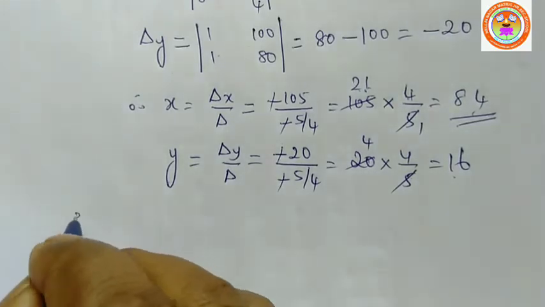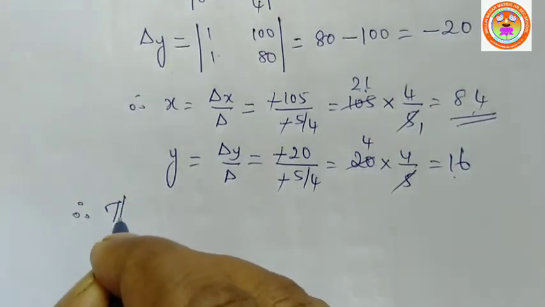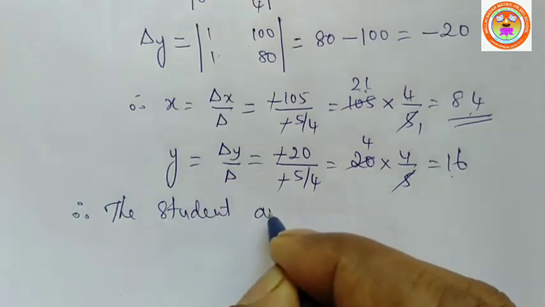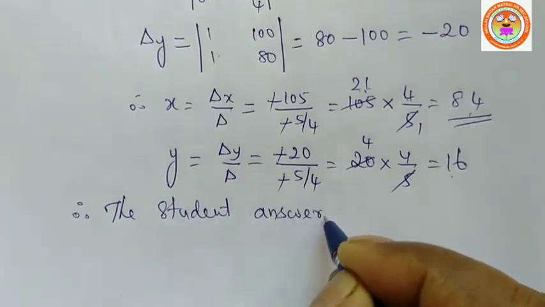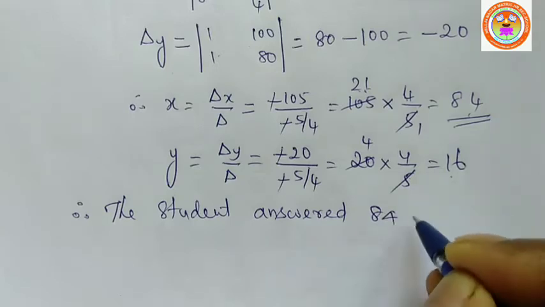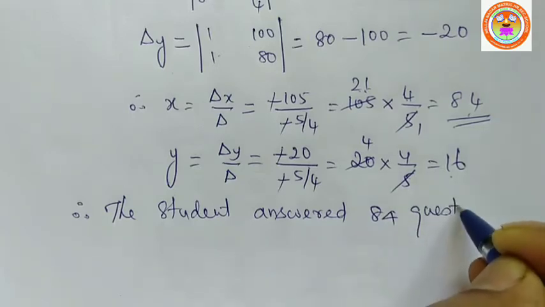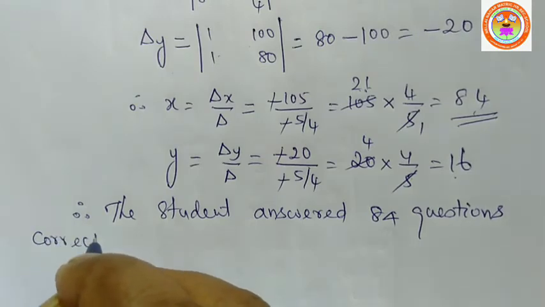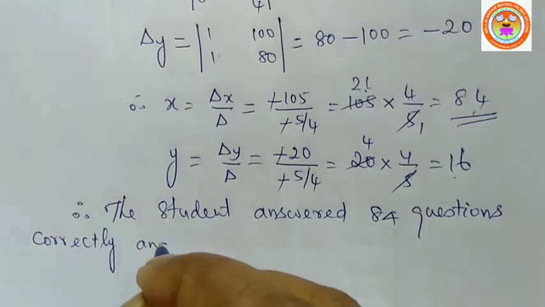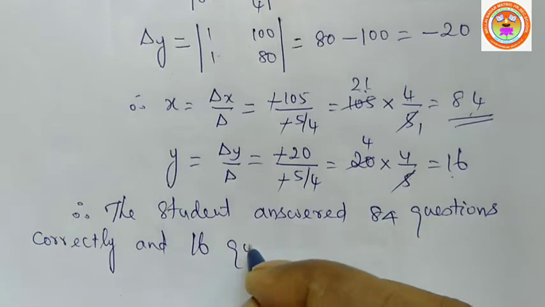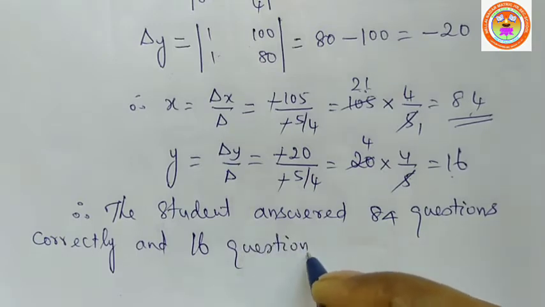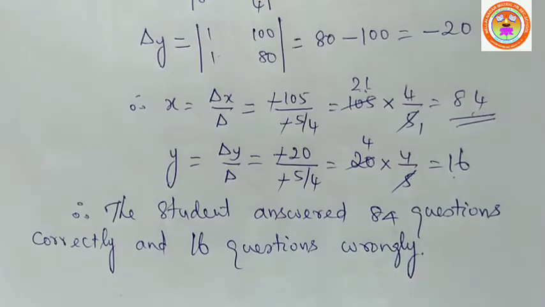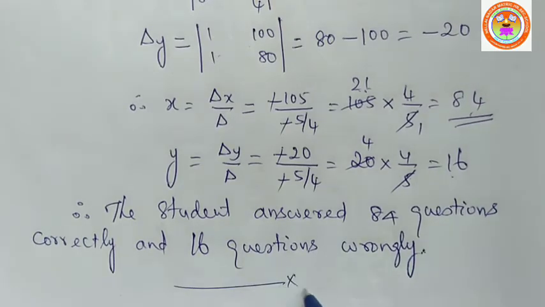Therefore, the conclusion is the student answered 84 questions correctly and 16 questions wrongly. Is it clear? Okay.